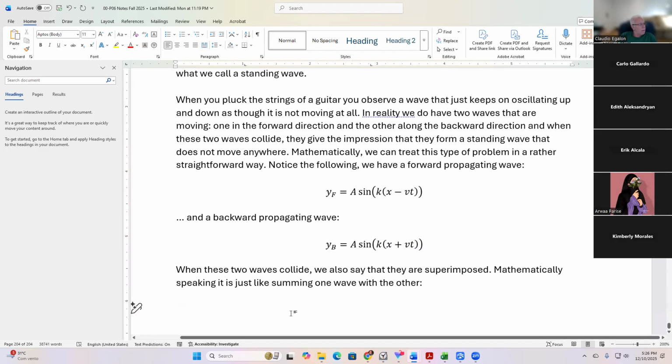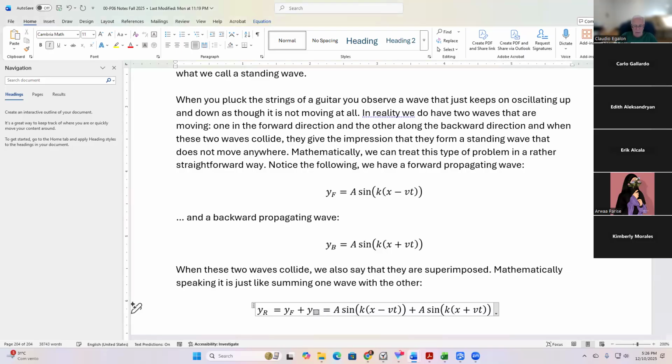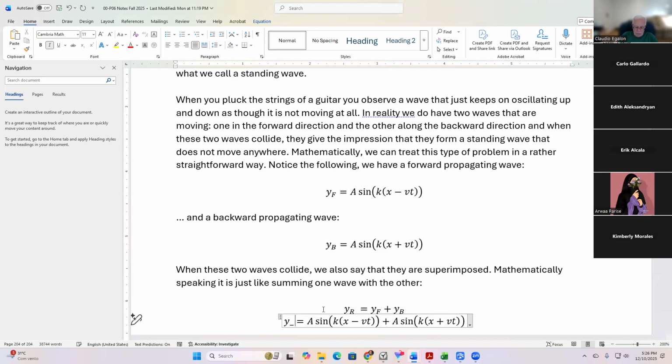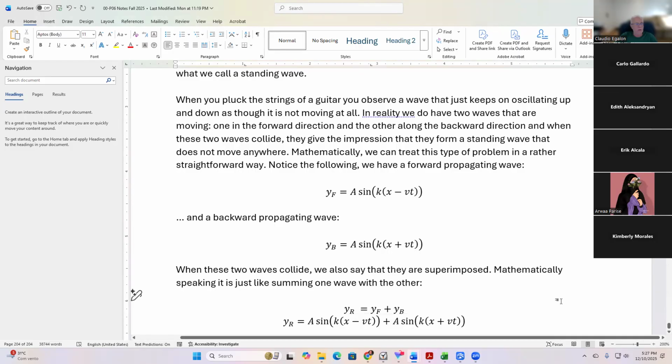Okay, so here you go. I'm going to write down the resultant wave in terms of the forward propagating wave plus the backward propagating wave. Resulting wave, right? Forward propagating wave, backward propagating wave.